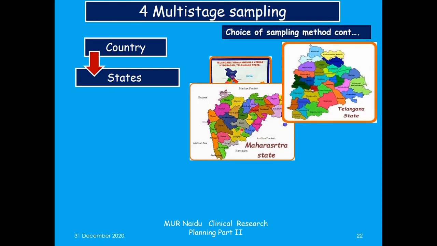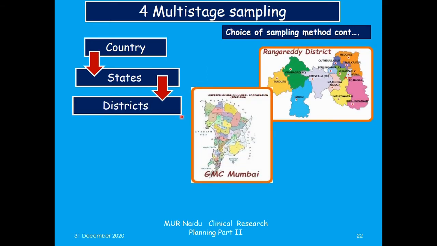I have selected two states: one is Maharashtra, the other is Telangana. In the state we have to select the district. I have selected Rangareddy district in Telangana, and in Maharashtra I have selected GMC Mumbai.